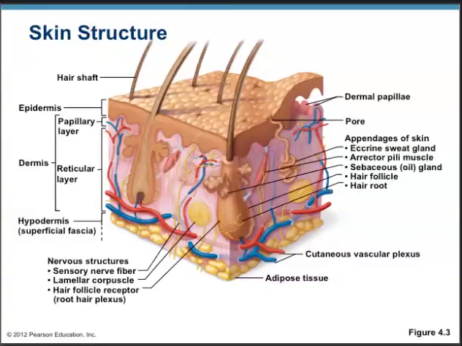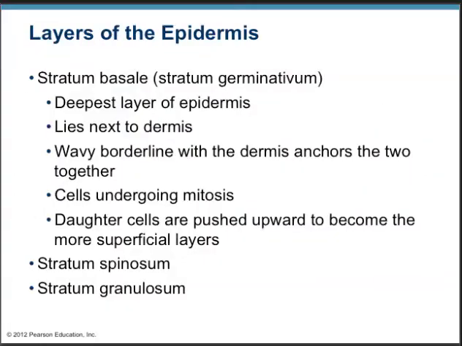Okay, if we look at the different layers of the epidermis, we could start with the deepest layer. This is the stratum germinativum, also sometimes called the stratum basale. It's the deepest layer. It lies next to the dermis and below all the other epidermal layers. On a thin slide, it has a wavy borderline with the dermis that anchors the two together.